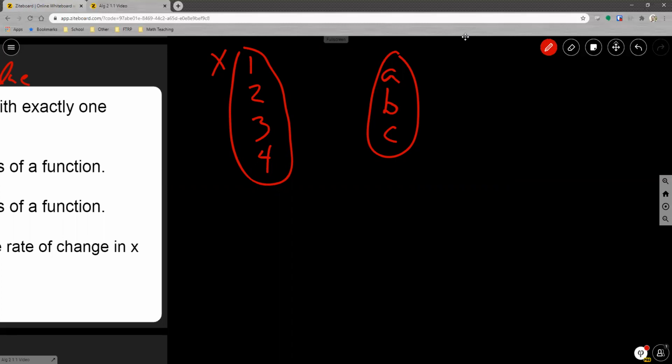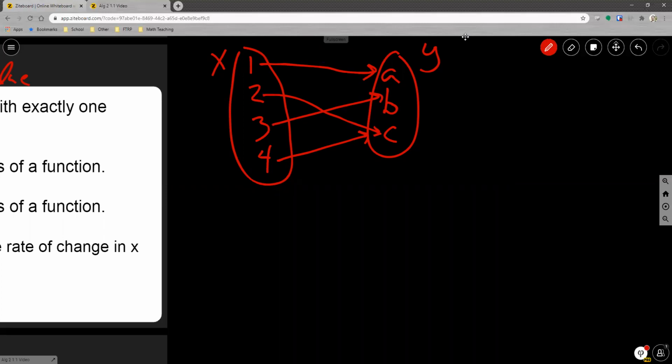They could be named values. This is just representative. So when I plug in a 1, maybe my function kicks out the value A. Maybe I plug in a 2 and it gives me the value C. Plug in a 3, maybe I get the value B. And maybe I plug a 4 in and I also get the value C.